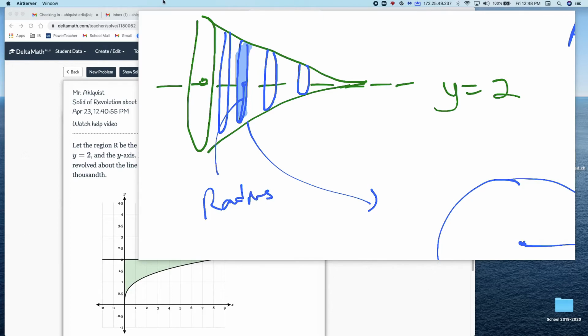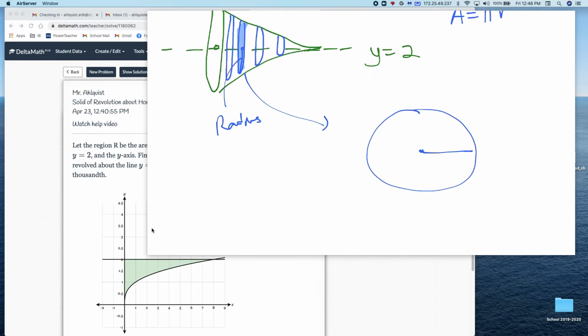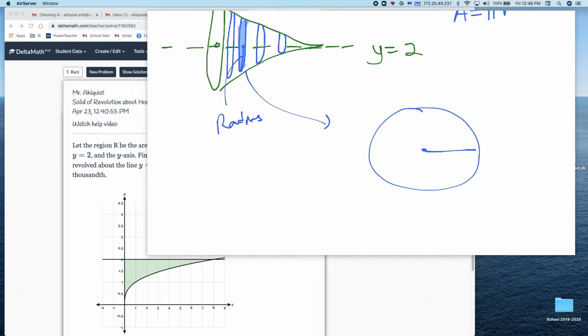That radius is defined by this distance right here, which we can calculate by doing the top curve minus the bottom curve. So this radius right here is the top curve minus the bottom curve.